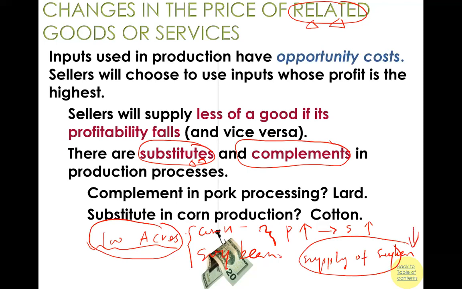The reason the supply of soybeans declines is that corn and soybeans are substitutes. The price of corn increases, so the farmer will substitute corn for soybeans because corn becomes more profitable. So this is substitutes.